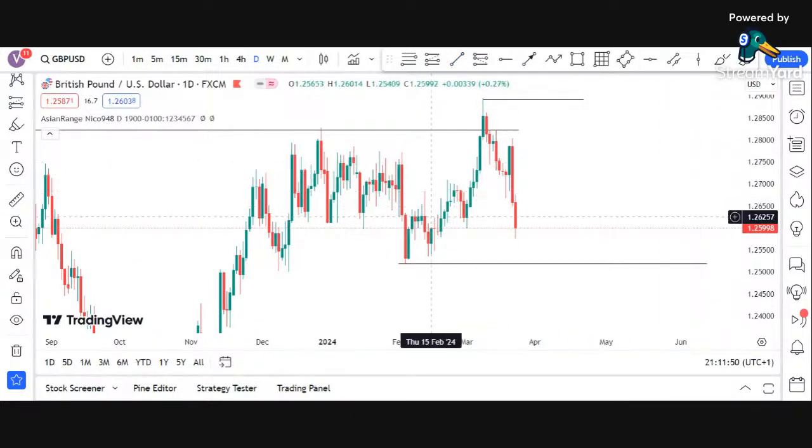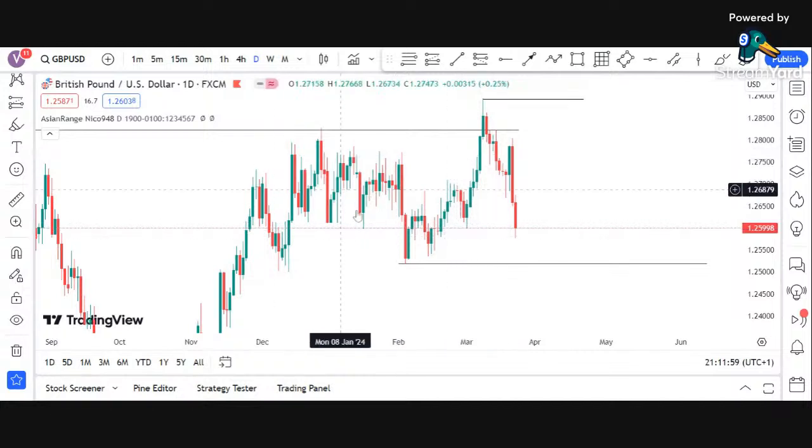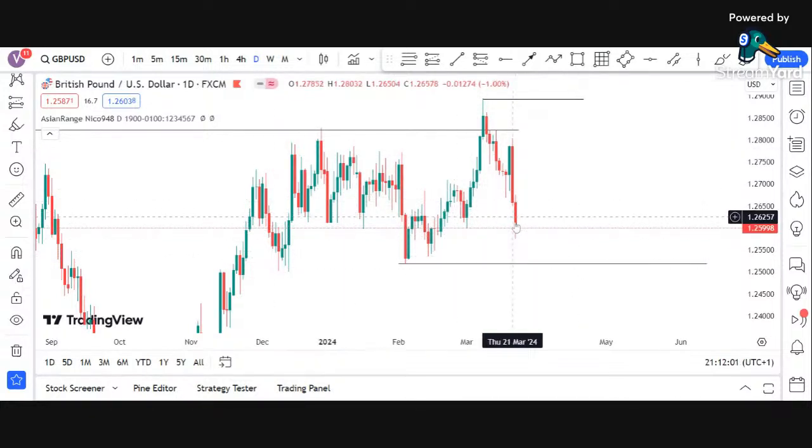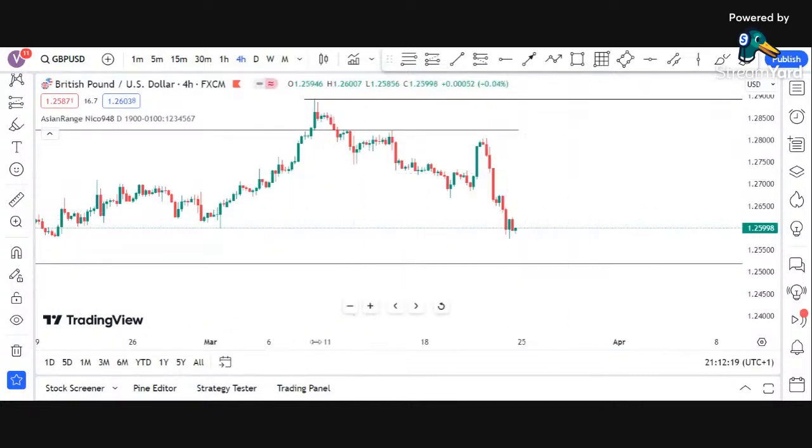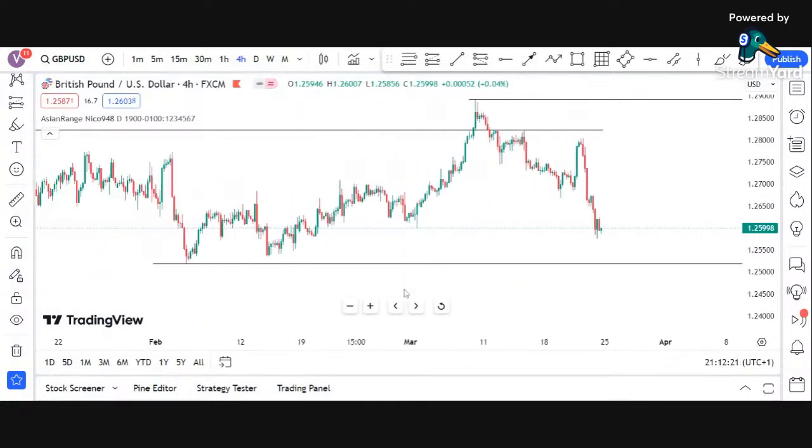If you look, there's no clear level that has inefficiency, although this low has been grabbed. If tomorrow we see a bullish candle closing above this liquidity level, then I don't see price coming down, because that was just a liquidity grab, and price will now go in the direction it wants to go.